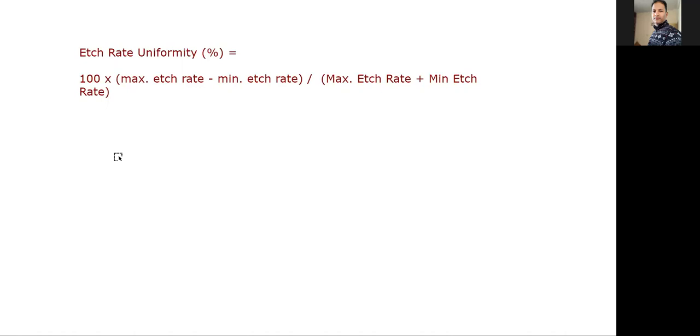So the etch rate is a function of etchant concentration, etchant temperature, and crystal orientation also.